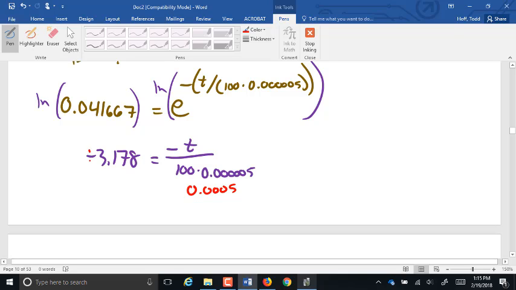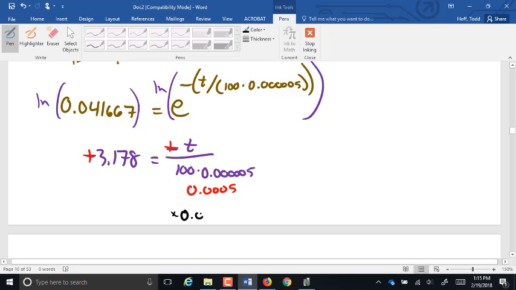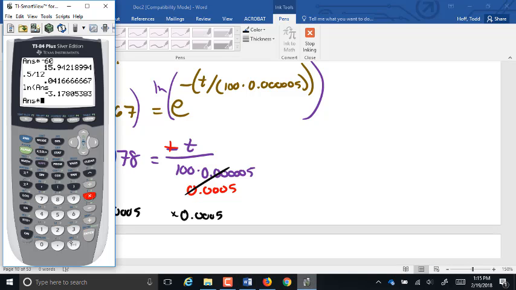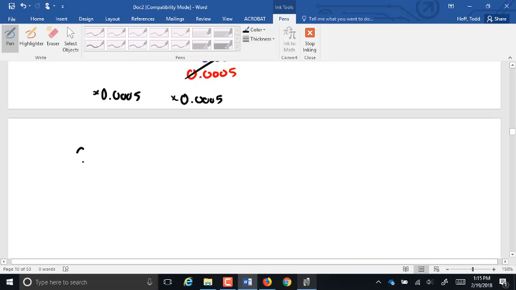But either way, I'm going to multiply by negative 1 to get rid of the negatives. Now multiply by the 0.0005. So you get through that 0.00159, 0.0016 equals t. In other words, 1.6 milliseconds is our time.